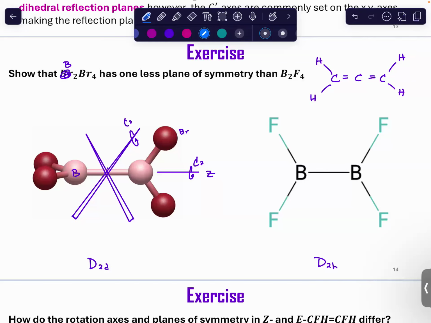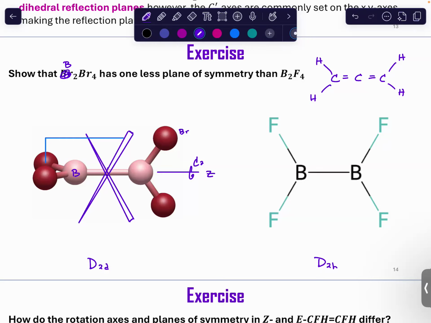So let's say I draw in a plane. Oh yeah, I see. So I think to make this more clear, let me draw this one the other way. So I'm going to start down here. There we go.